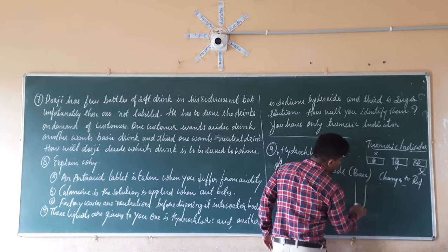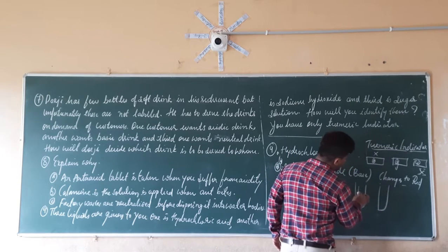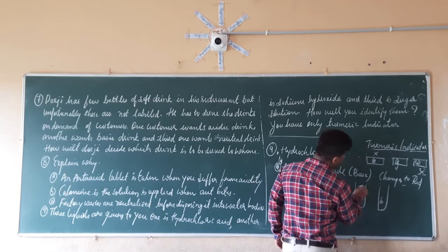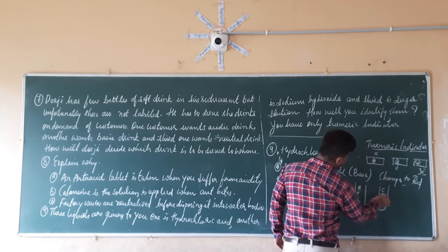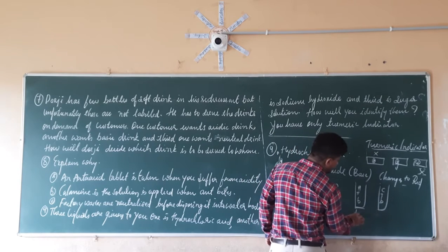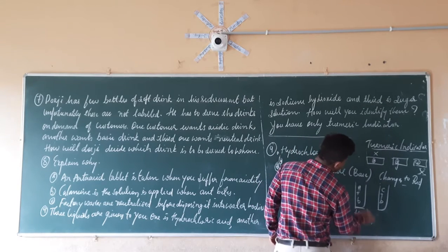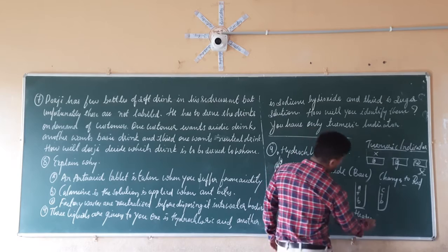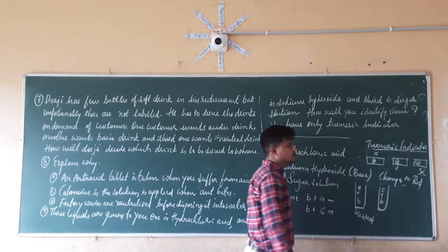So in the test tubes, we are going to add B first, along with that A, and in another, C. When you check the bottom of the test tube, if it is heated, then it is the acid. If it is not heated, then it is not an acid.